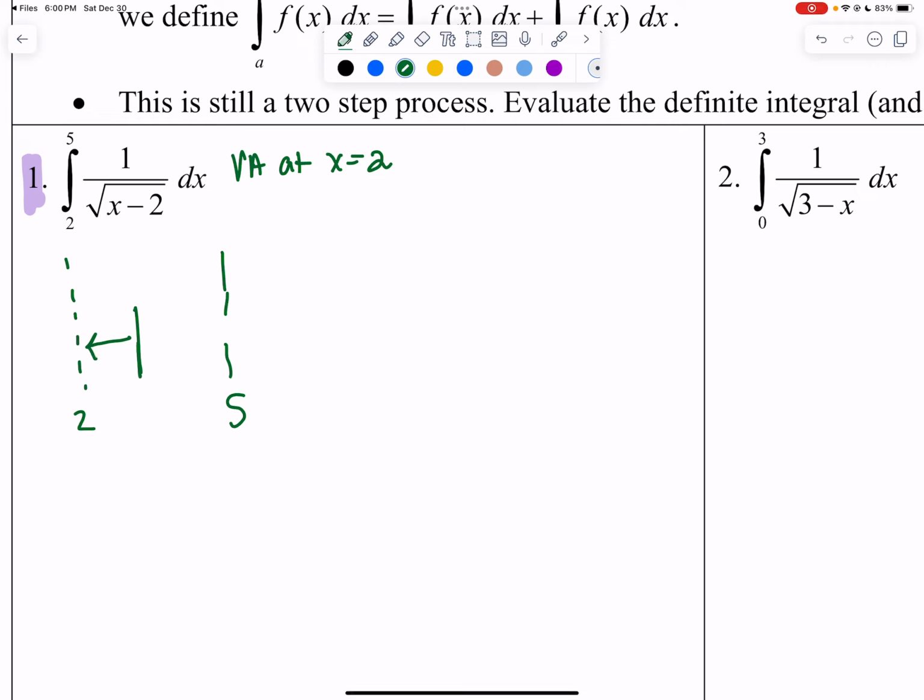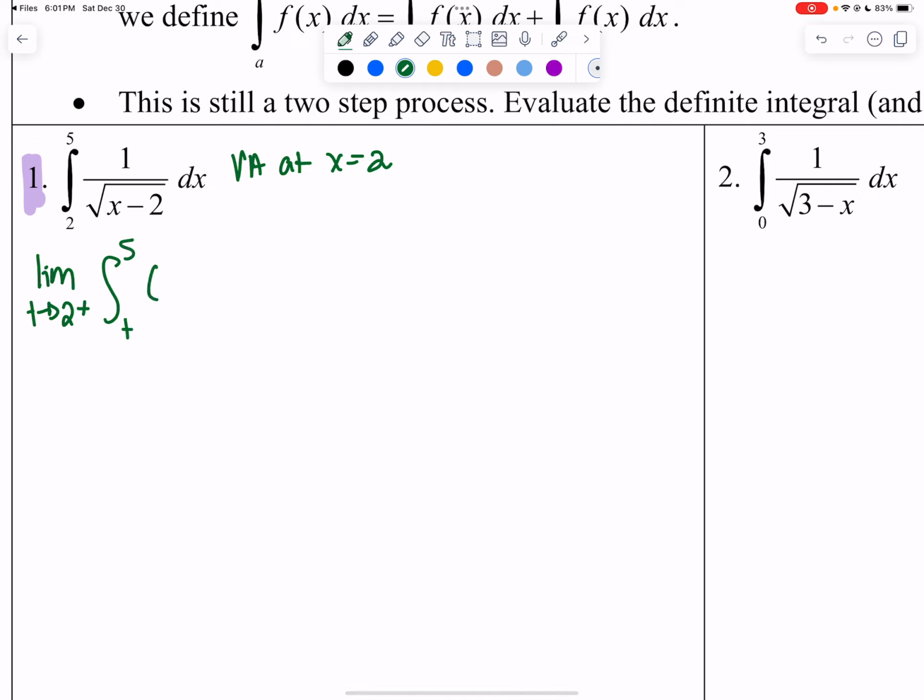So whenever I am making my limit here, you want to make sure that it is 2 from the right. So I have my limit as t approaches 2 from the right of the integral from t to 5 of that lovely thing, which I'm going to rewrite as this right here.